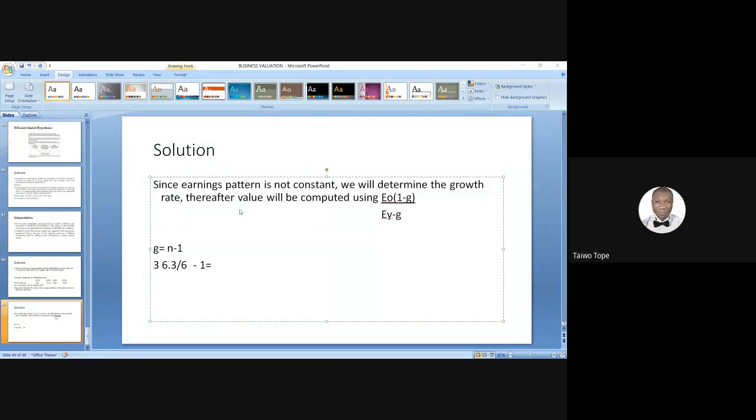So the result will be what? As per the growth rate, 5.05. Okay, square root of that, 1.6, six point zero five.